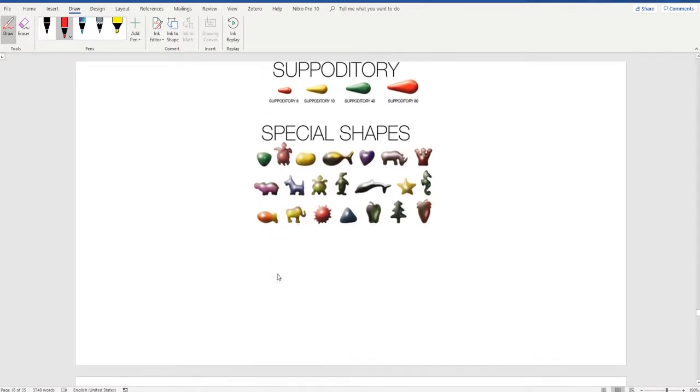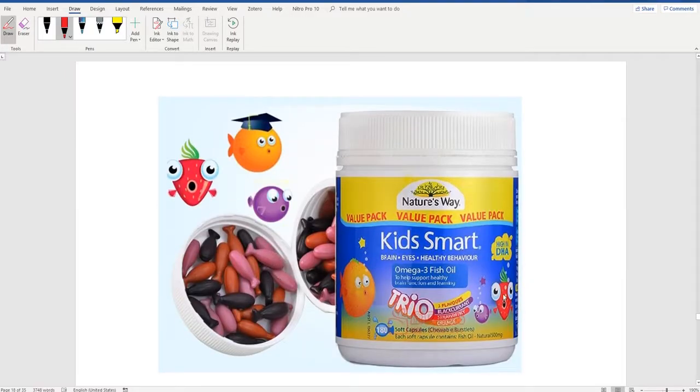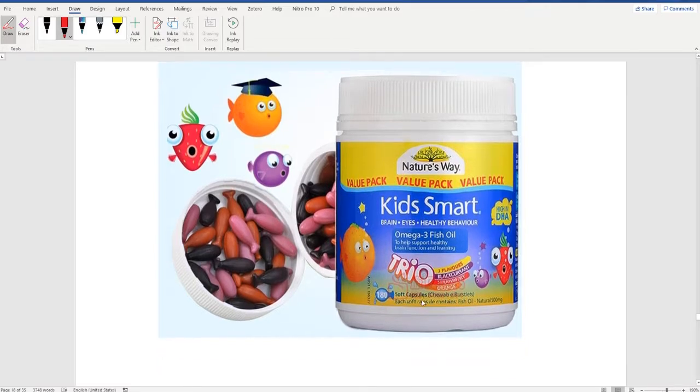Chewing for children. Okay? Like what you see here. This product is available in the UAE market, and you see different colors of fishes, and these are not to be swallowed intact, but to be chewed. Okay, if you read here, soft capsule, what is written here? Chewable. Okay.